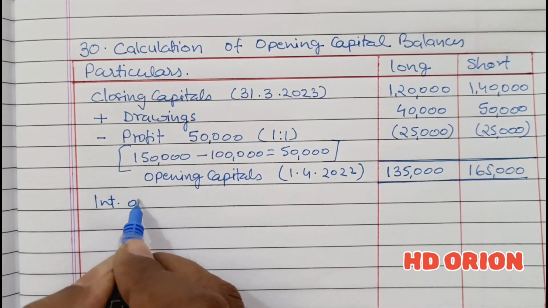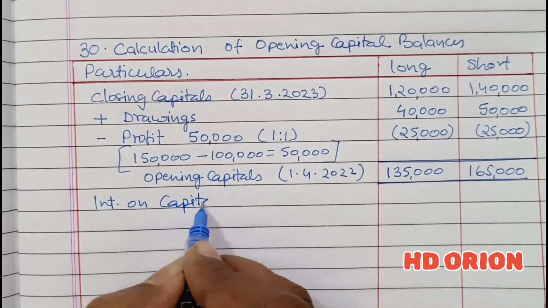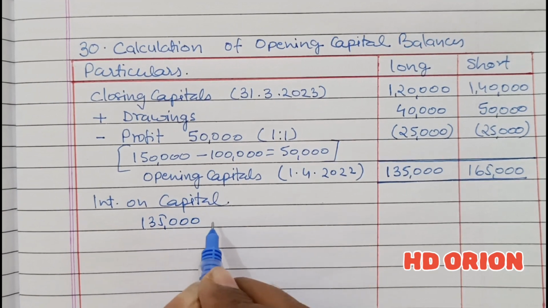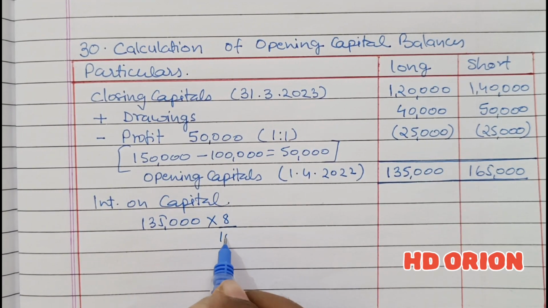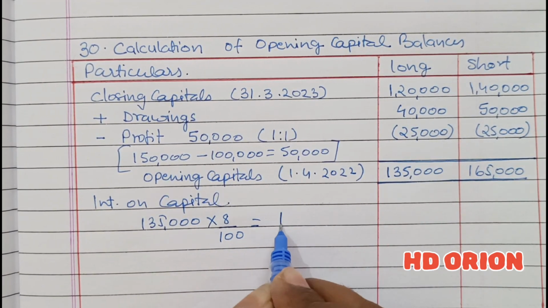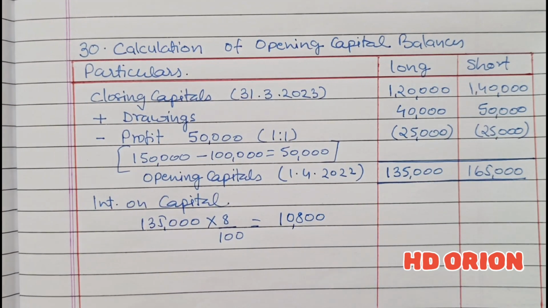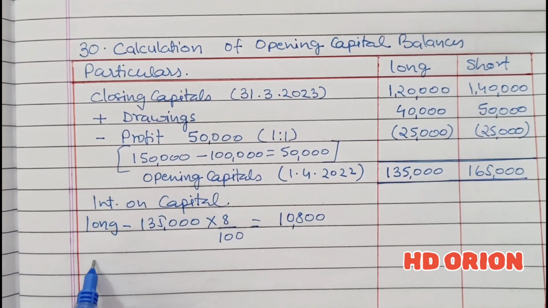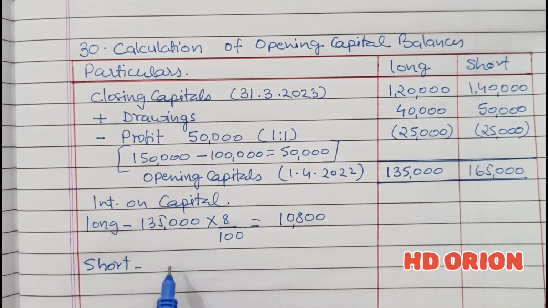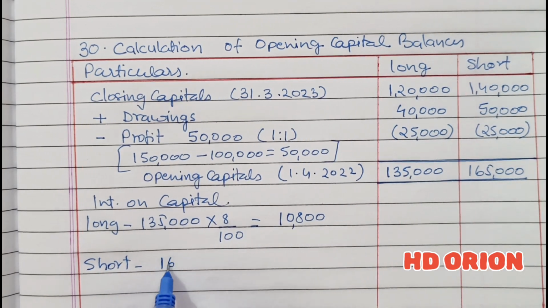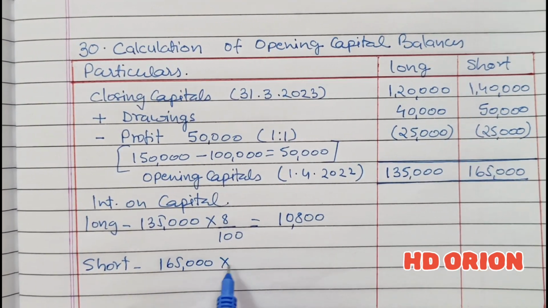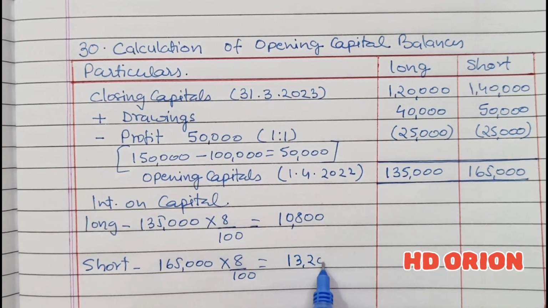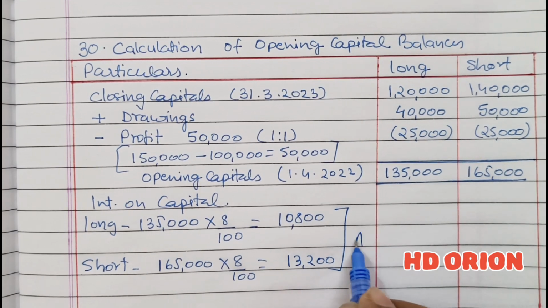So interest on capitals on this balance rupees 1,35,000, as suggested in partnership deed, 8%. It is 10,800. That is for long. Similarly for short, on his opening capital of rupees 1,65,000 at the rate of 8%, we get rupees 13,200. So this is our answer.